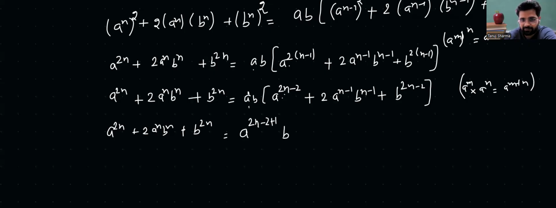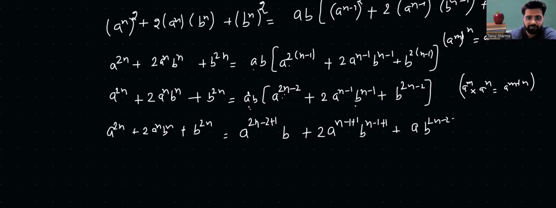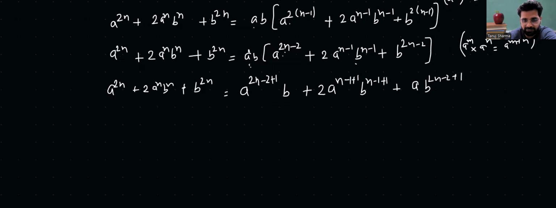So similarly, 2 times a raised to power n minus 1 plus 1, b raised to power n minus 1 plus 1, because this AB is going to multiply with this. And last, a b raised to power 2n minus 2 plus 1. Now, the left hand side is still the same, so I am just going to simplify this step.